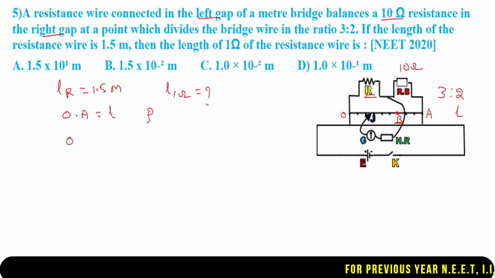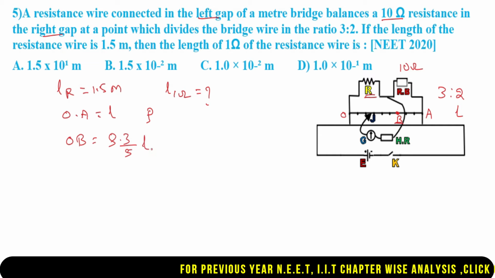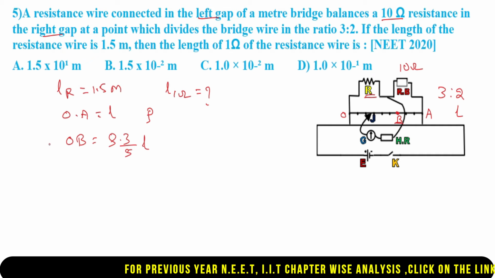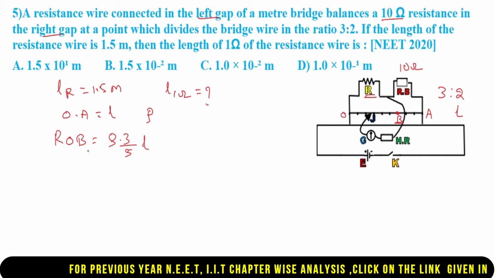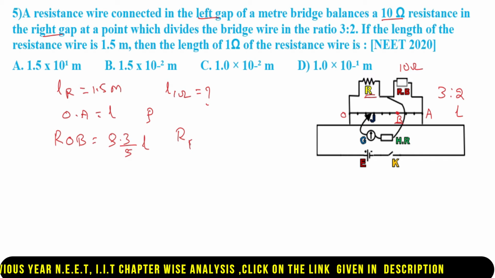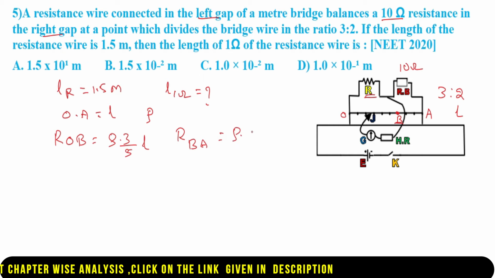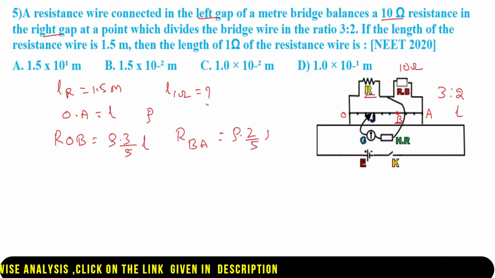The resistance of OB will be equal to rho into 3/5 of L. Let me write it as ROB, which is nothing but resistance of OB. Similarly, the resistance of BA will be equal to rho into 2/5 times that of L. Okay. So that's one thing.